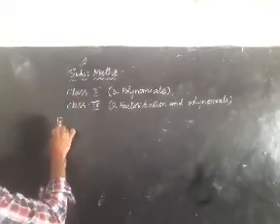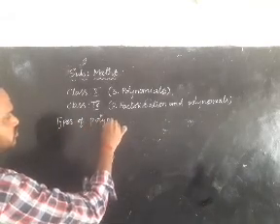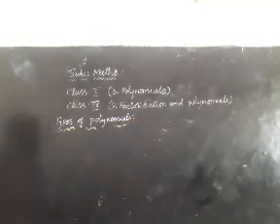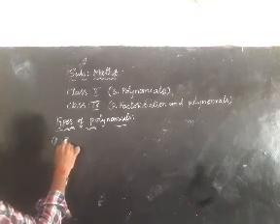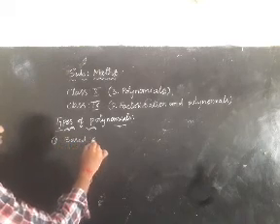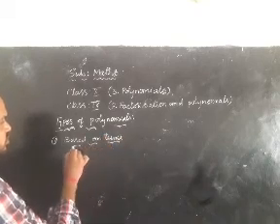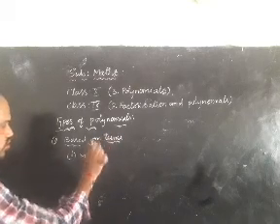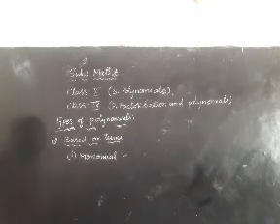Types of polynomials. We have two types of polynomials. One is based on the terms. The first one is monomial.